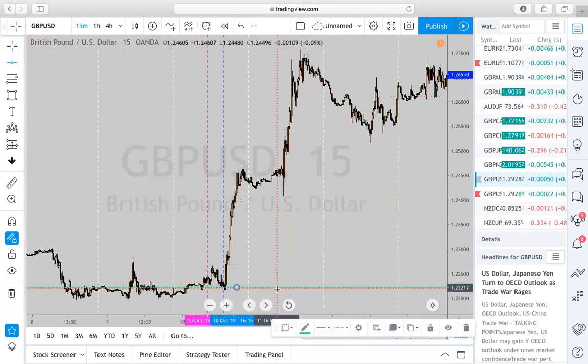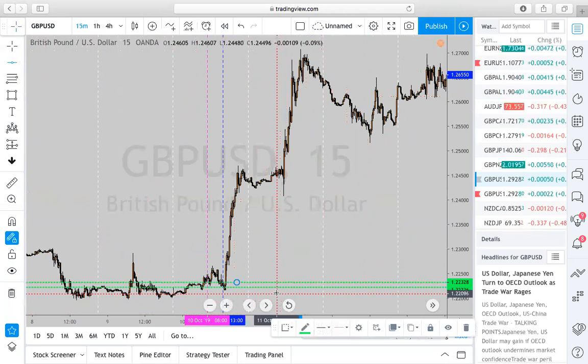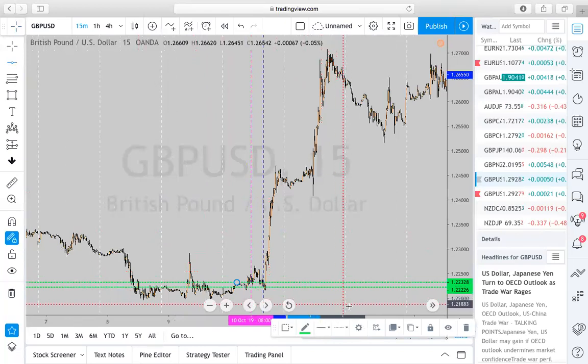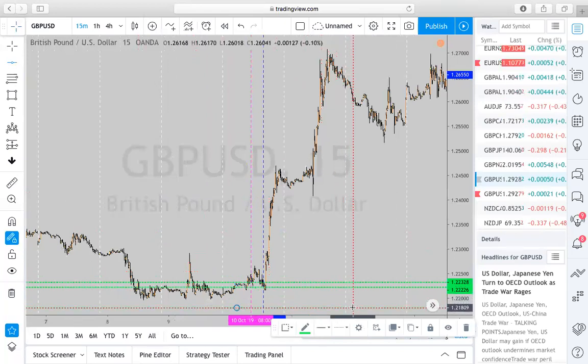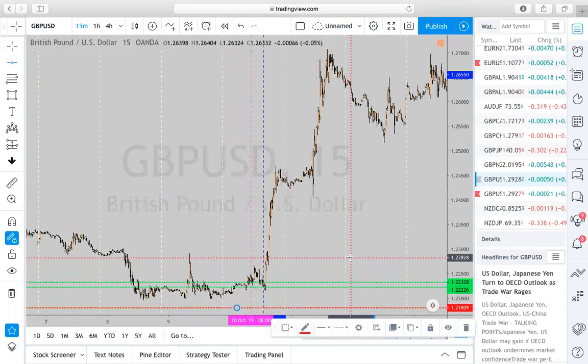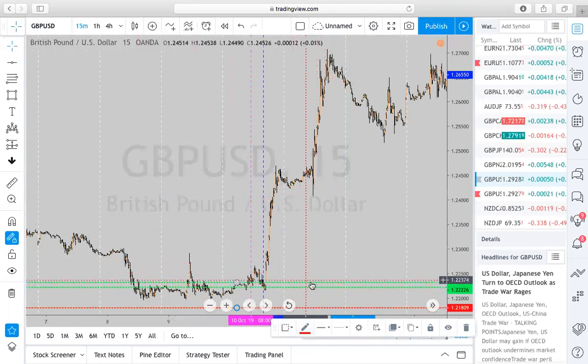Perfect entry, right? So we're going to go ahead and open up two entries because we're twin trading. We'll put those in, and then I'm going to put my stop loss down here. I'm not going to put it too far below because we want you guys to be able to see it. So we have both our entries, and then we have our stop loss.